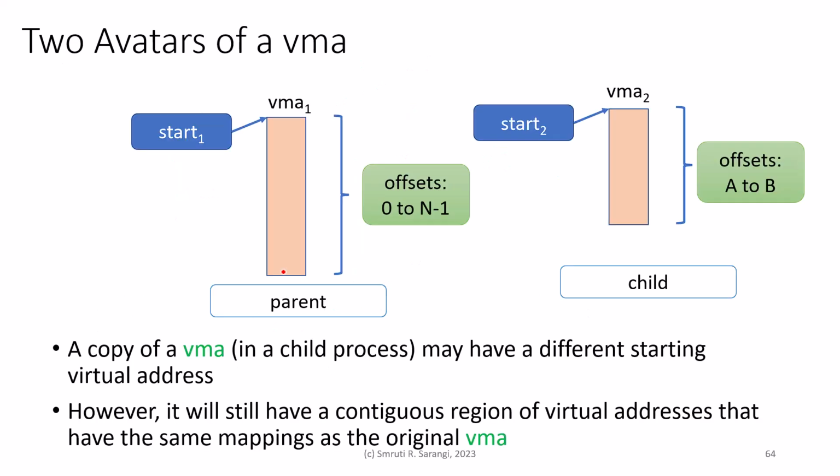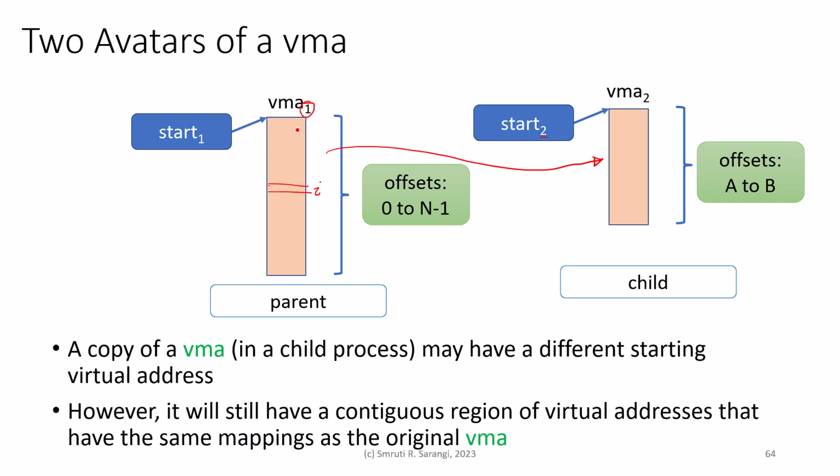So let us say that the parent process starts at start 1 and VMA1 is the original VMA, and let's say its offset, its index, is I. Then clearly for the parent process, we know the address is start 1 plus I. But now assume that this VMA gets forked and copied to a child, and after the forking, its starting address is start 2, and start 2 points to the beginning of the VMA.